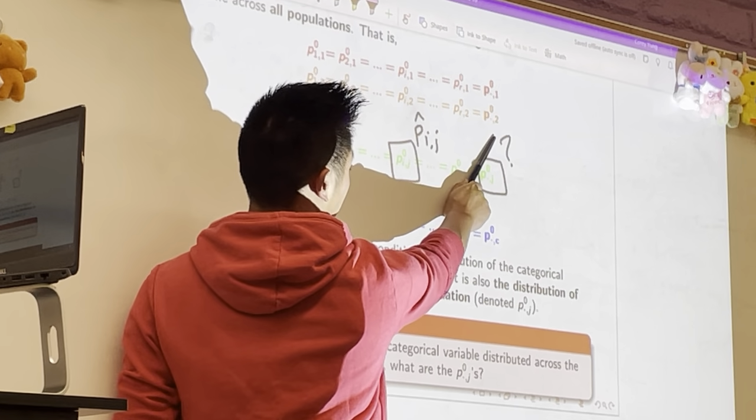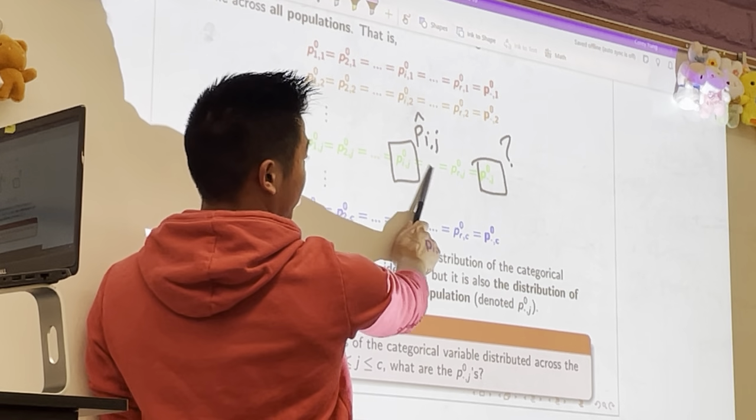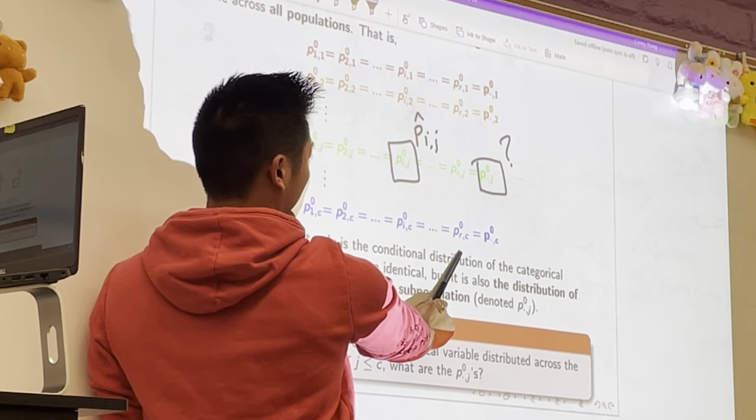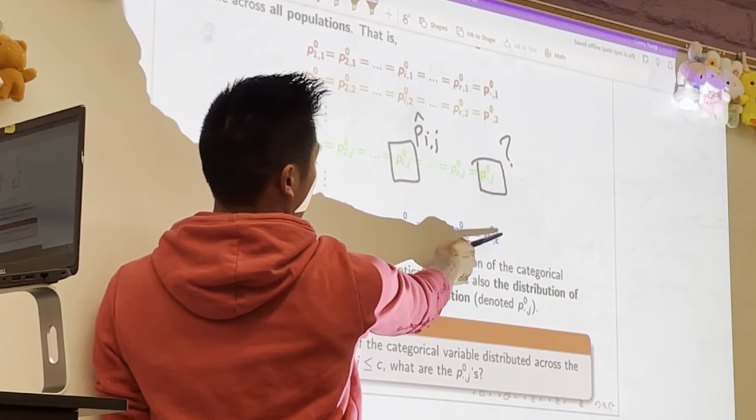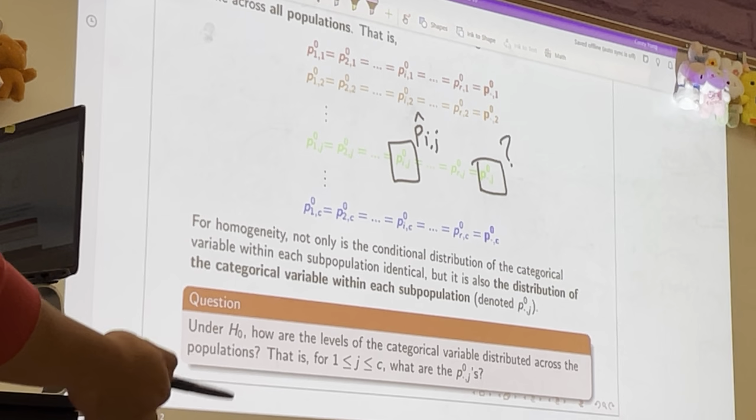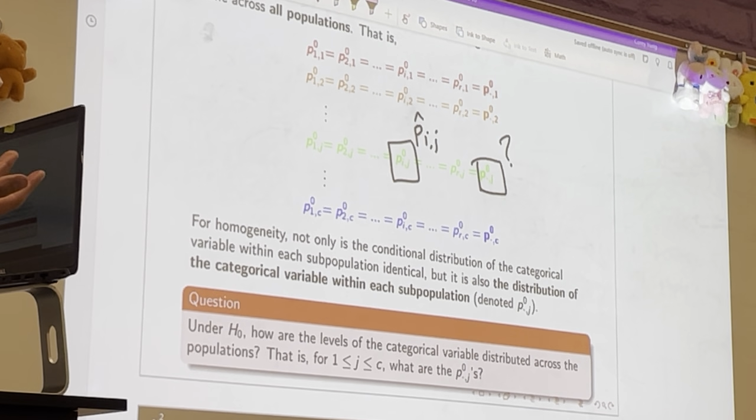What is the proportion of the orange? Proportion of the green? Proportion of the blue? So these are just the proportions of how the variable is distributed across all populations. So if I find what that value is, p comma j, that's just the generalized probability for any of the rows or any of the columns I choose, then I need to work with that.